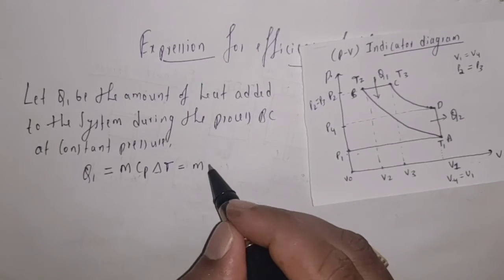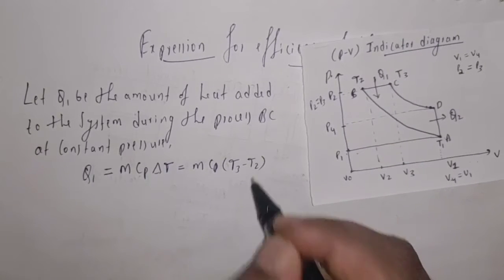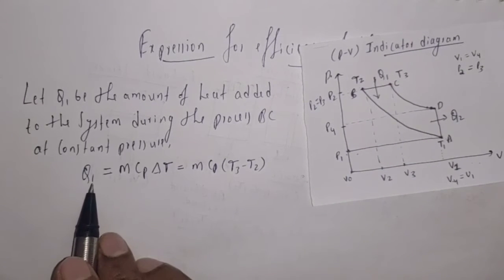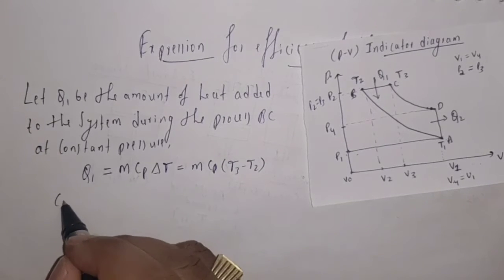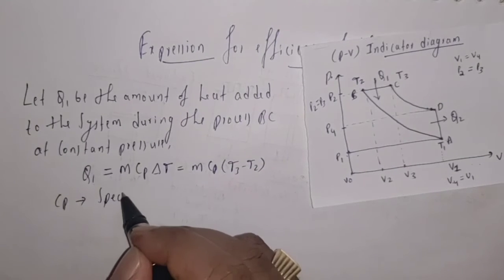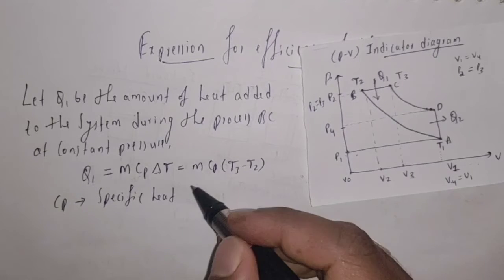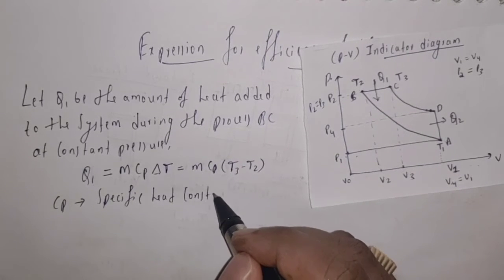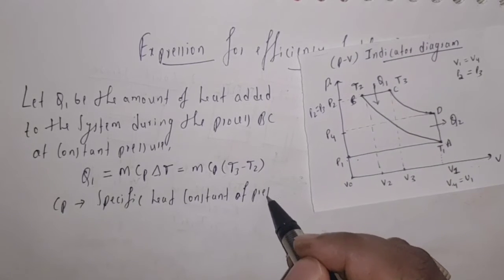So Q1 equals m Cp (T3 minus T2). This is the amount of heat added to the system, where Cp is the specific heat at constant pressure.